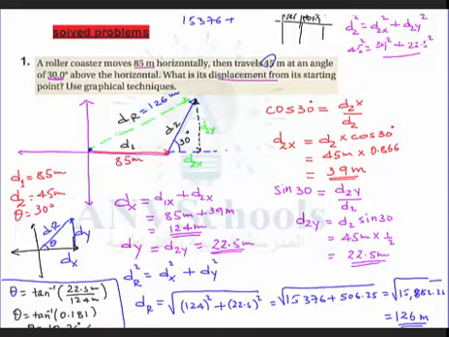So the total resultant displacement from the starting point is 126 meter at an angle of 10.26 degrees above the positive x-axis. This is the complete answer, because an answer for a vector quantity is given by a magnitude plus direction. The direction is given by the value of this angle, the angle between the resultant vector and the positive x-axis.